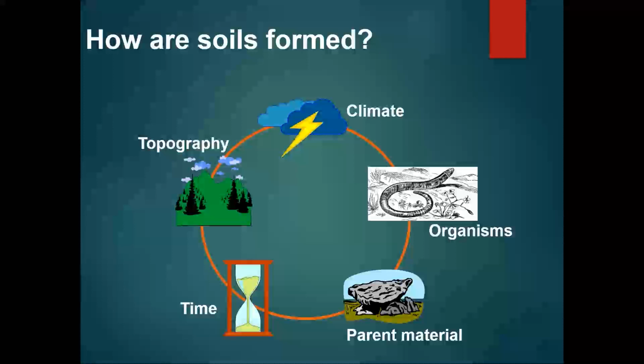They interact with the climate, the parent material imparts some characteristics. Time works on it, topography works on it, and the living fraction of the soil begins to work on it as well. And as those all work together, we get changes from the original parent material. We'll talk about those changes.